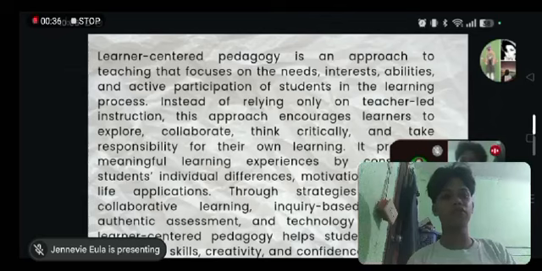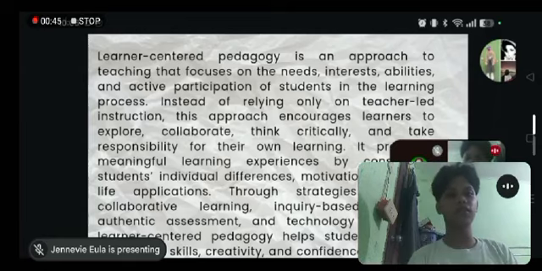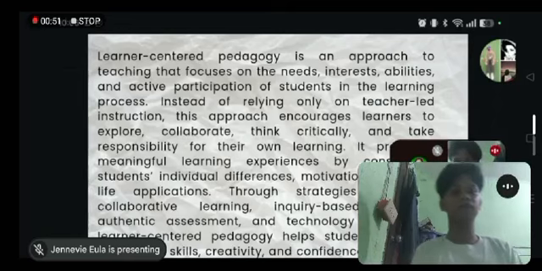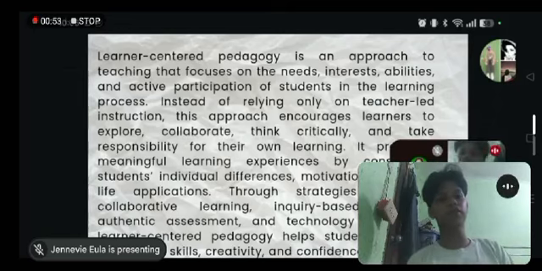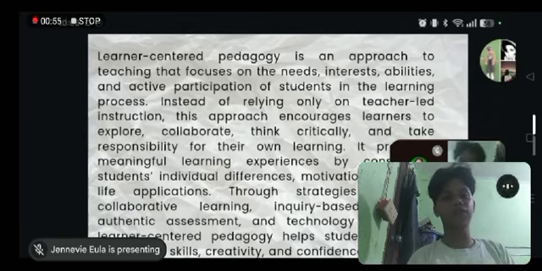So, learner-centered pedagogy is an approach to teaching that focuses on the needs, interests, abilities, and active participation of students in the learning process. Instead of relying only on teacher-led instruction, this approach encourages learners to explore, collaborate, think critically, and take responsibility for their own learning.